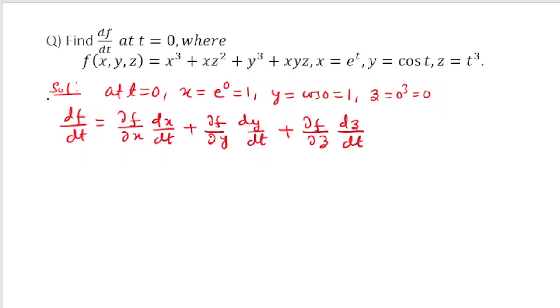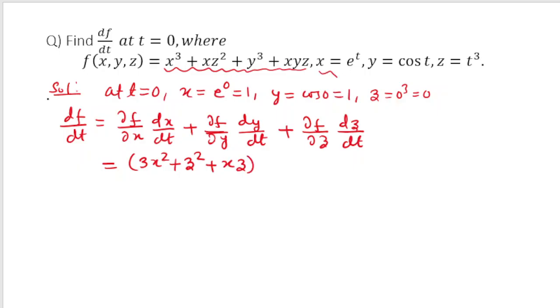So this is how it should be written. Now what is del f by del x? So this is the function. If I differentiate this with respect to x partially, x cube will give me 3x square. Then we have xz square, so that will give me z square. y cube will give me 0 and xyz will give me x into z.